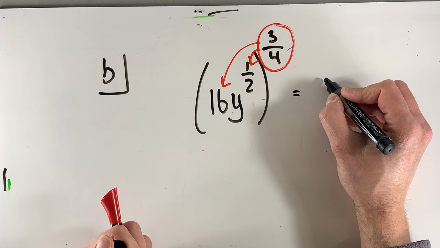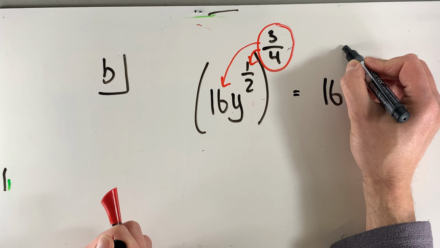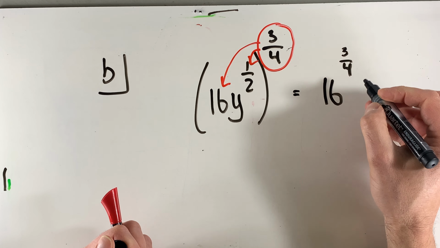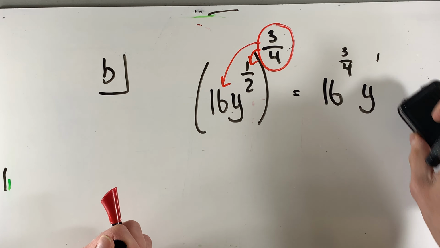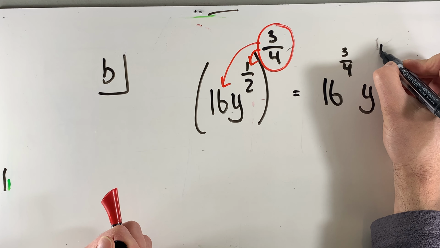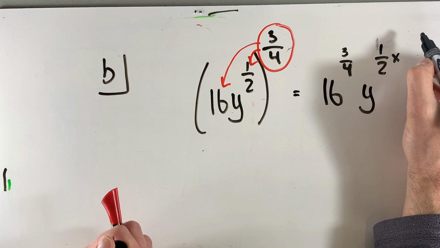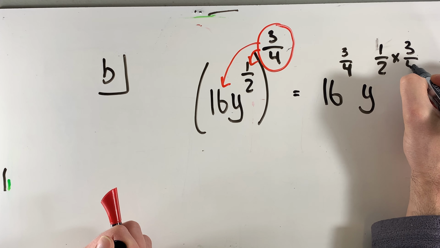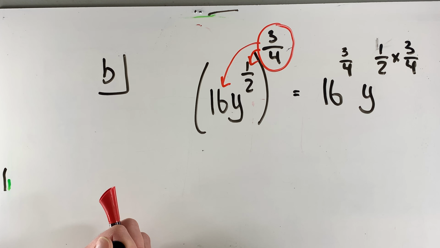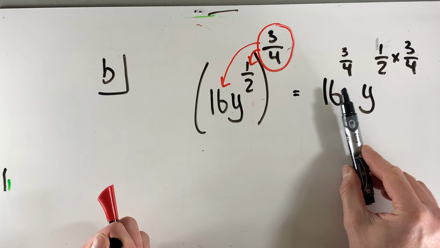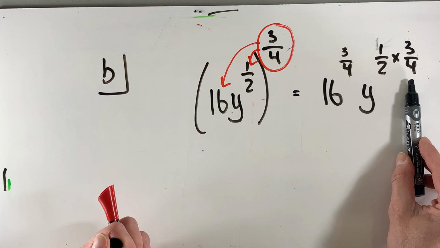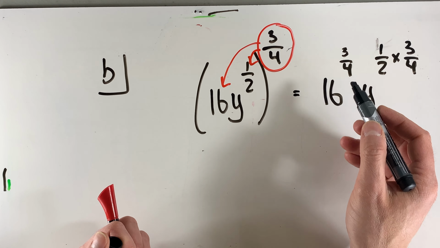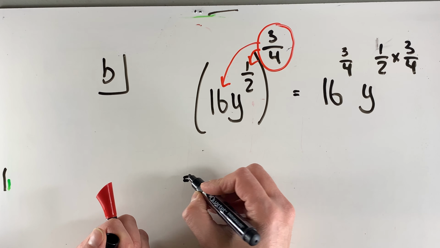So we're going to end up with 16 to the power of 3/4 times y to the power of a half times 3/4. Okay, now what we're going to do here is multiply these exponents out, let's break it up into those 2 steps.